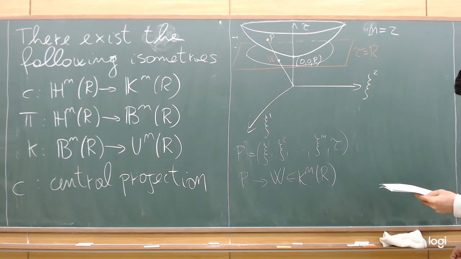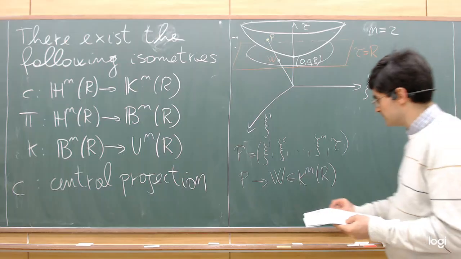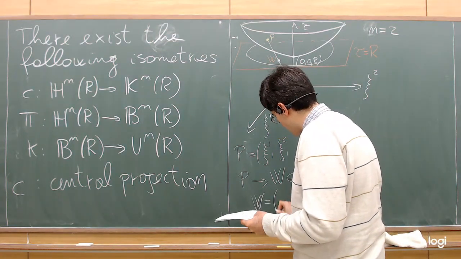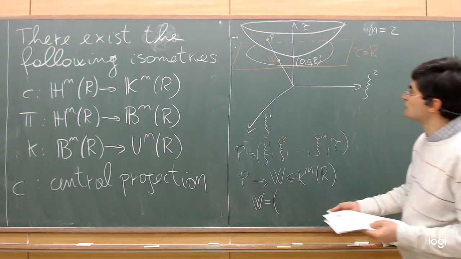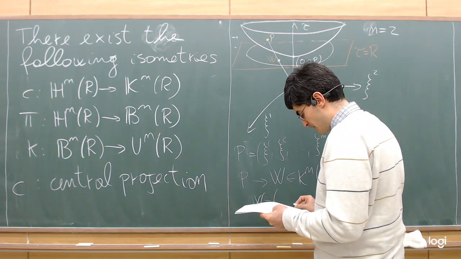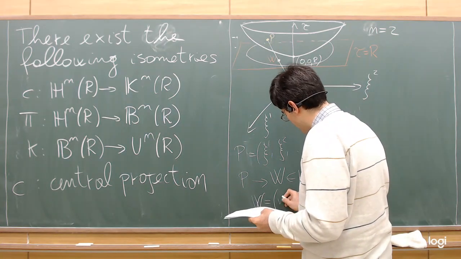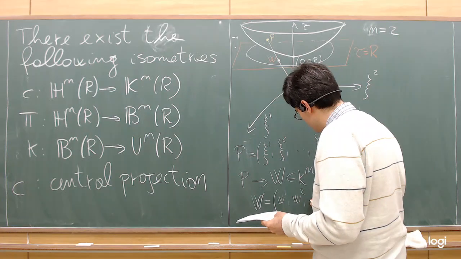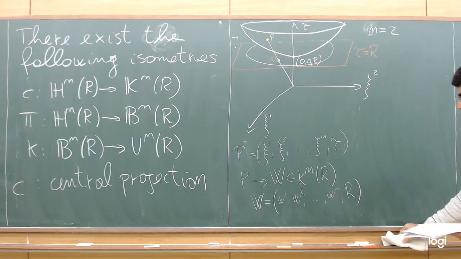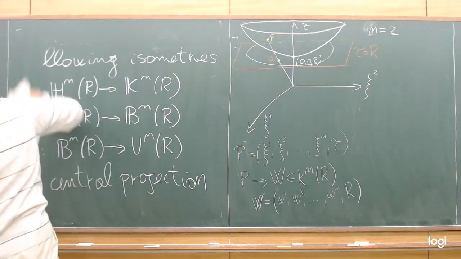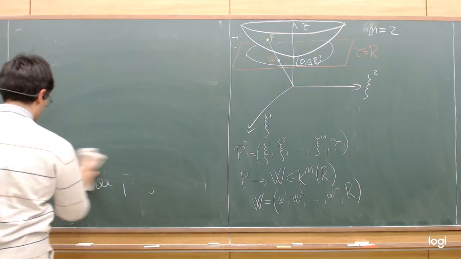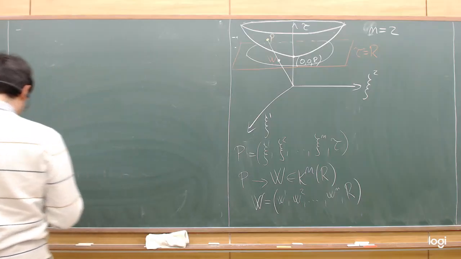Suppose that we want to write down the coordinates of W. They are given by W_1, W_2, ..., W_n, r.